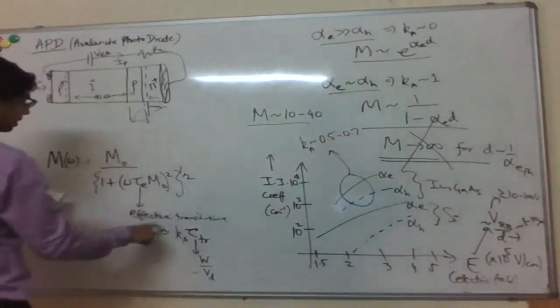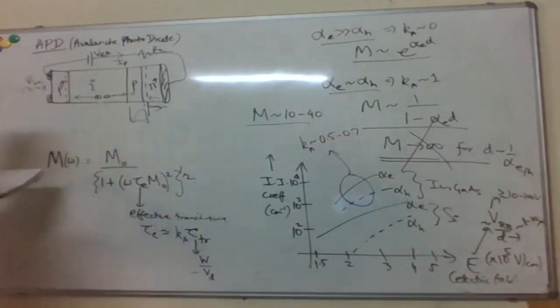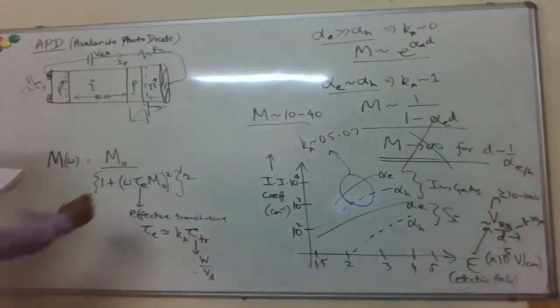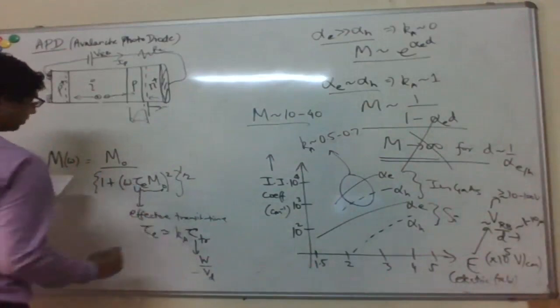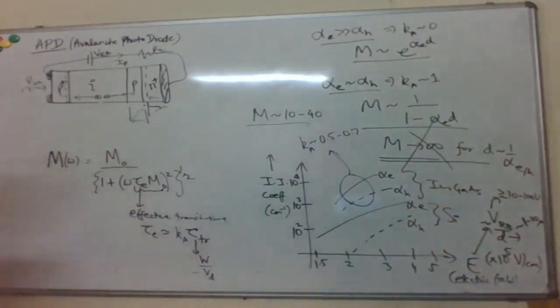And then you can see that is multiplied by this M naught. So this whole thing is the effective transit time.